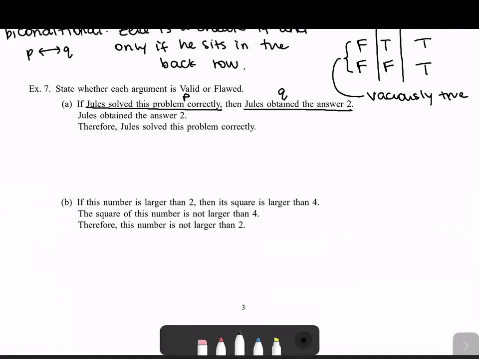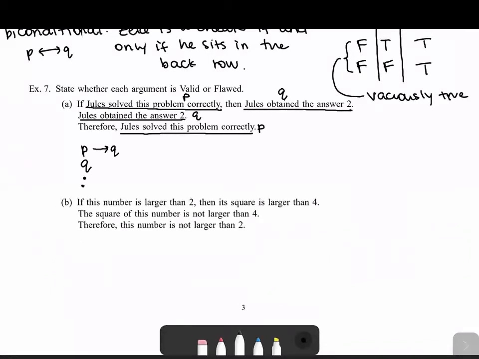So the next line says Jules obtained the answer 2. Well, that's just the same as our Q. And our last line is therefore, Jules solved this problem correctly. Well, that's just the same as our P. So we can write this symbolically as P implies Q, and then Q, and then the therefore gets translated into these 3 little dots.